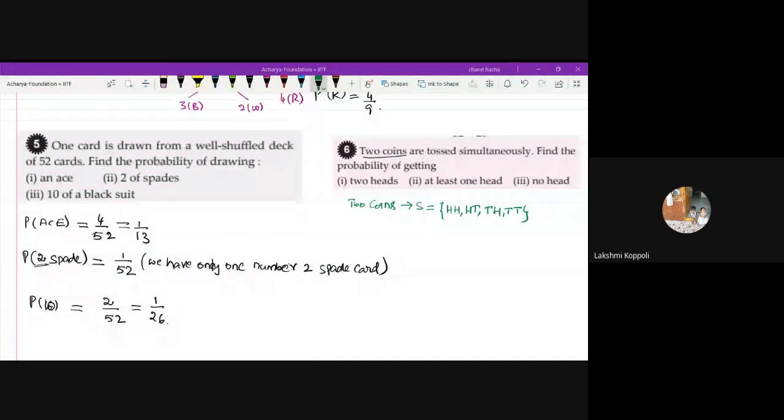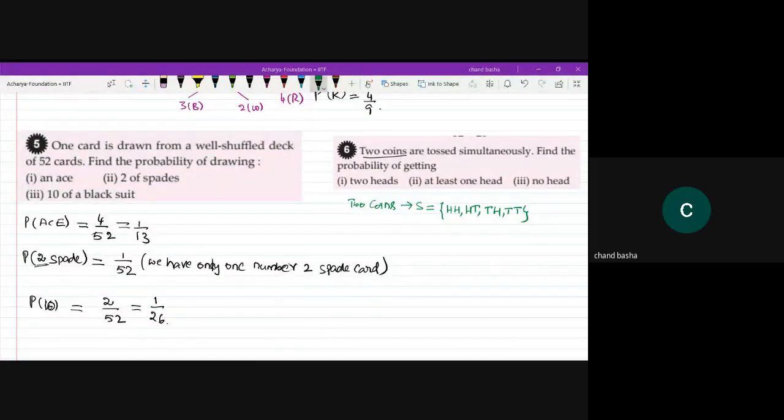Rohan, first point is clear. Second one, sir. First point, Rohan. Sir, first one will get 1 by 4, sir. You are getting 1 by 4.